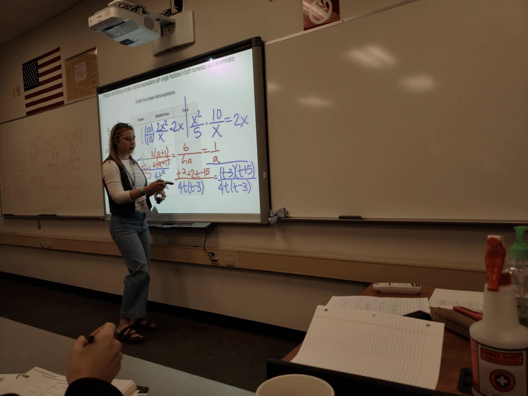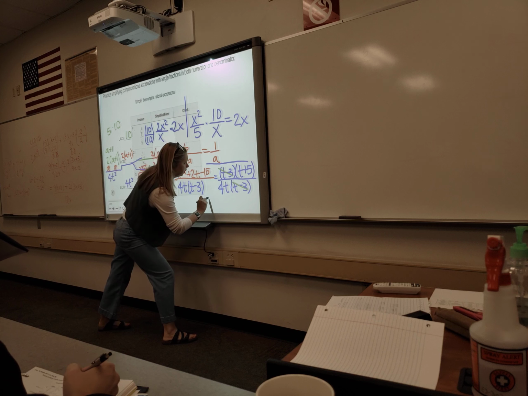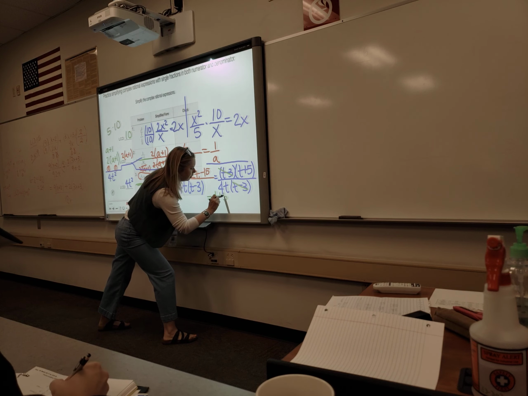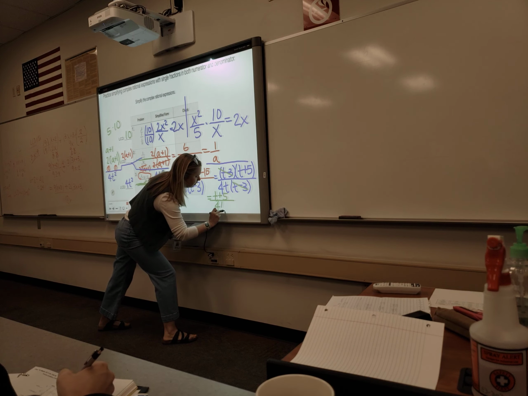Cancel that t minus 3. And we're left with t plus 5 over 4t.